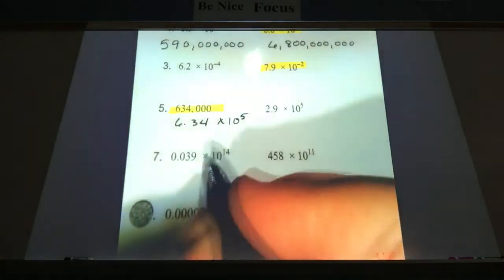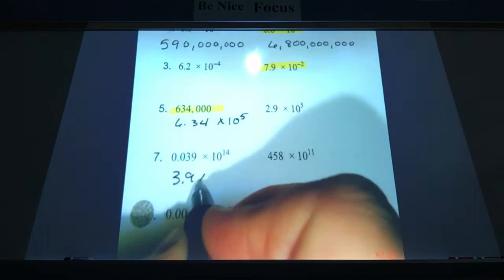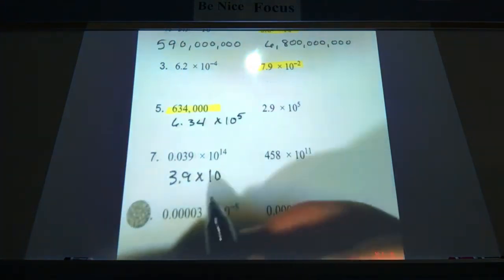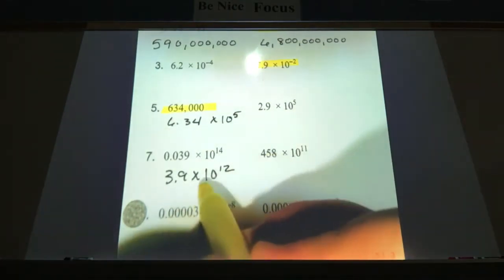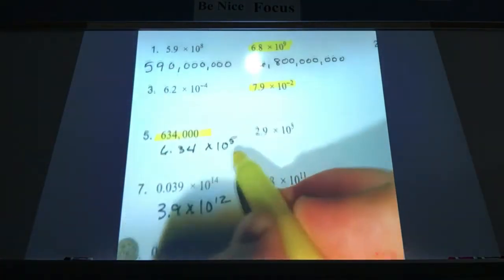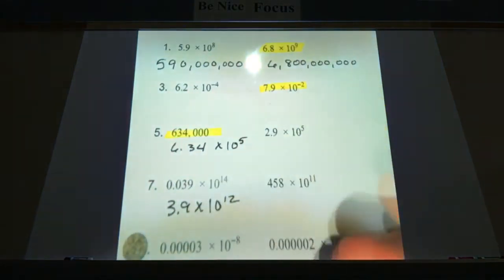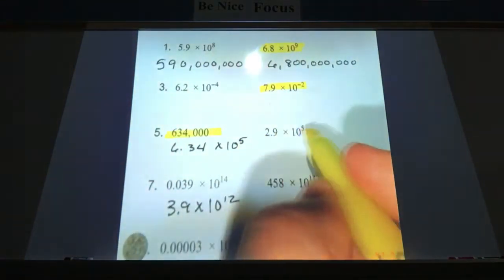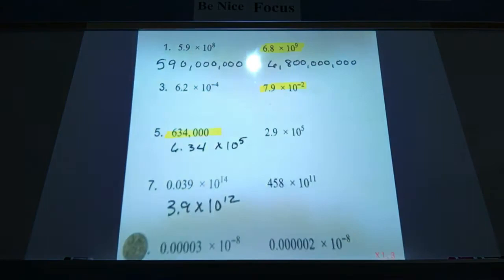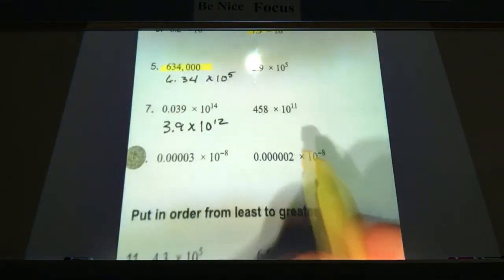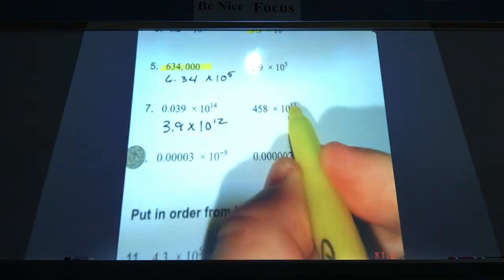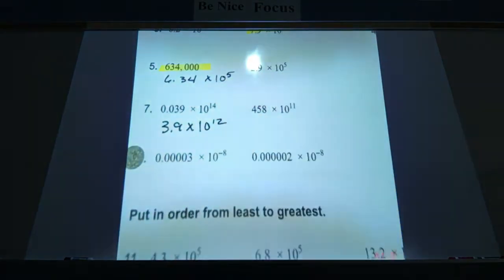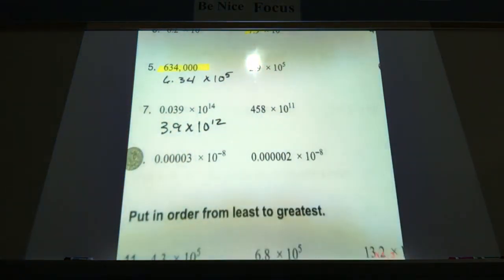For number 7, we need to get this guy in scientific notation, or you could have put that one in standard form, either way. And then when you compare the ones that are in proper scientific notation, you can see that same exponent, so this one has to be bigger. And I already did that one. What am I doing? Here we go. This one. Compare these ones. That one's not proper scientific notation, we gotta fix that guy.